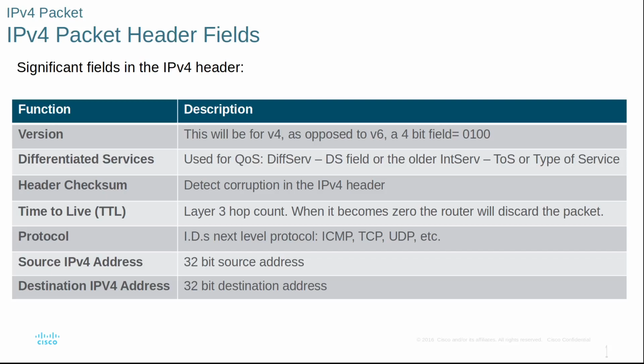If you're going to use quality of service rules to prioritize certain types of traffic, then you're going to have stuff here. The checksum is used for error detection in the header itself. The time to live is the layer 3 hop count. When that hits 0, the router discards the packet. The protocol indicates the next level protocol, the layer 4 protocol, transport layer, whether it's TCP, UDP, ICMP. And then your source and destination IP addresses, those are 32-bit addresses.